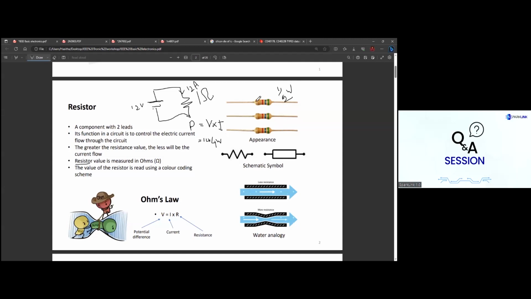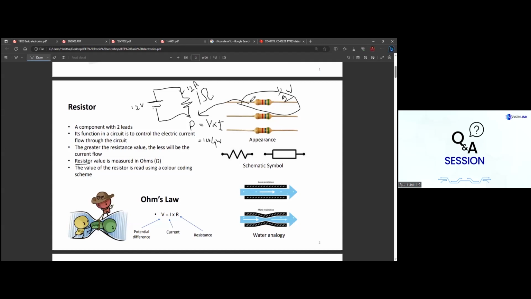So if we use a 1 ohm resistor of this type here, what will happen? Of course, it can conduct the 12 amperes, but it will heat up so fast and burn out in 1 second or so.